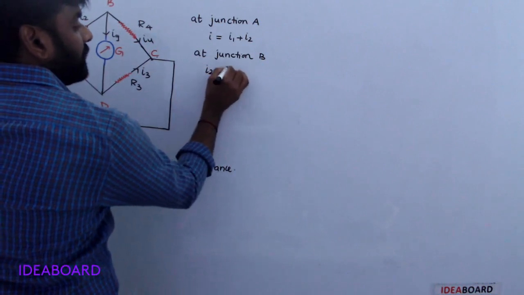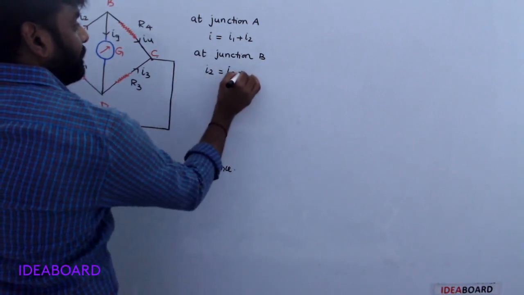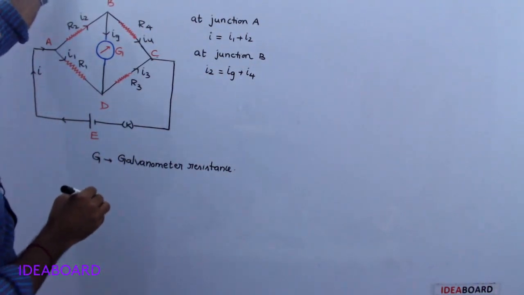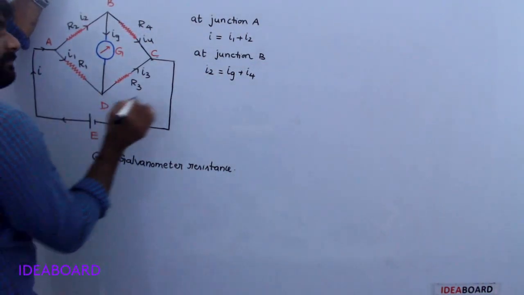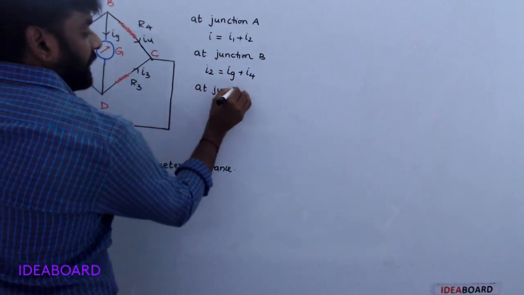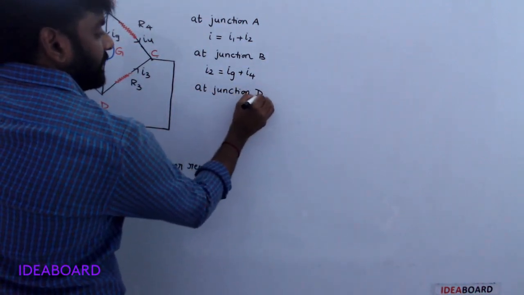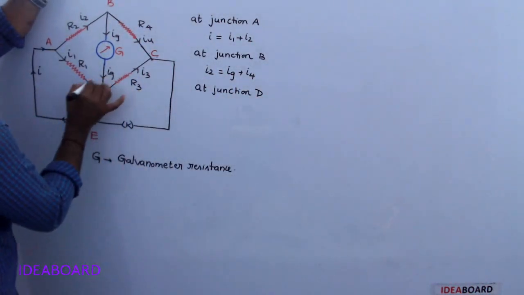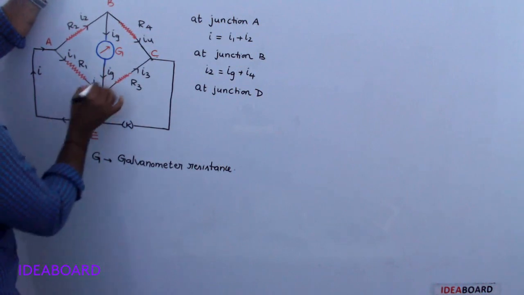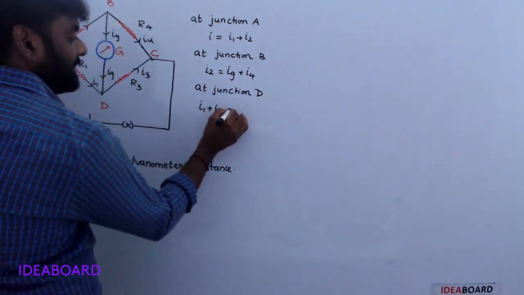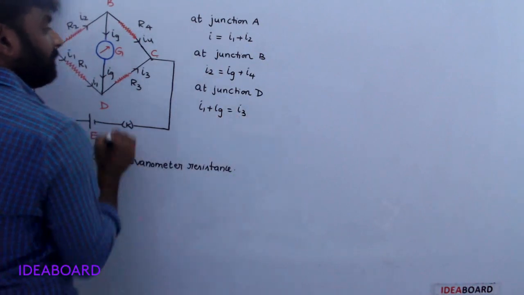At junction D, the galvanometer current and I1 enter, so I1 plus Ig is equal to I3.